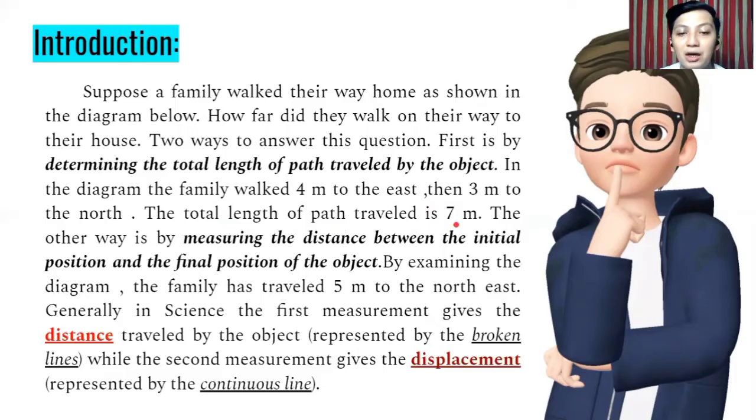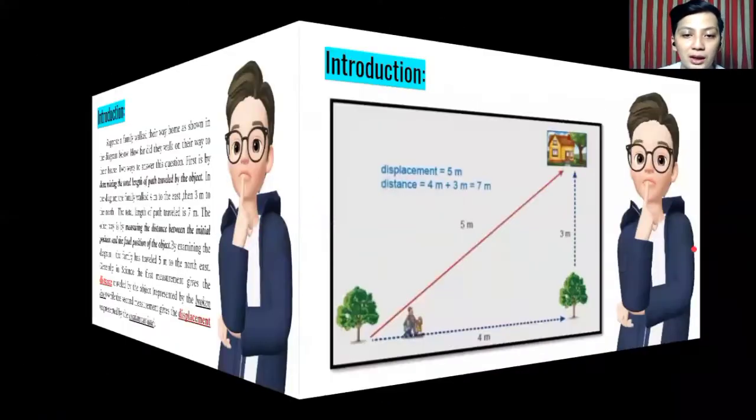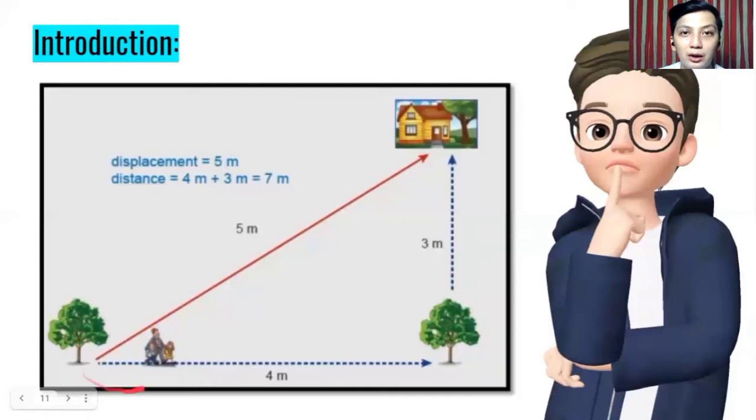The other way is by measuring the distance between the initial position and the final position of the object. So, let's go to this is the initial position. Ito yung starting point nila. Yung finish point nila is the house, yung bahay nila. Yung finish line nila.